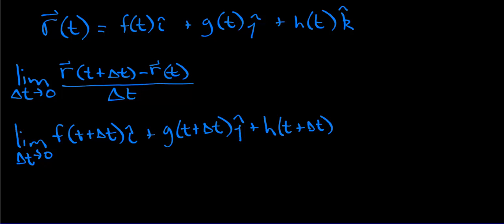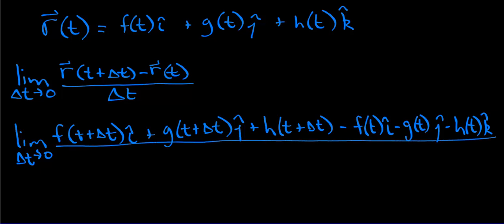Okay. Minus all these things. f of t i minus g of t j, minus h of t k, all over delta t. And I guess over here I left off the k. There we go.